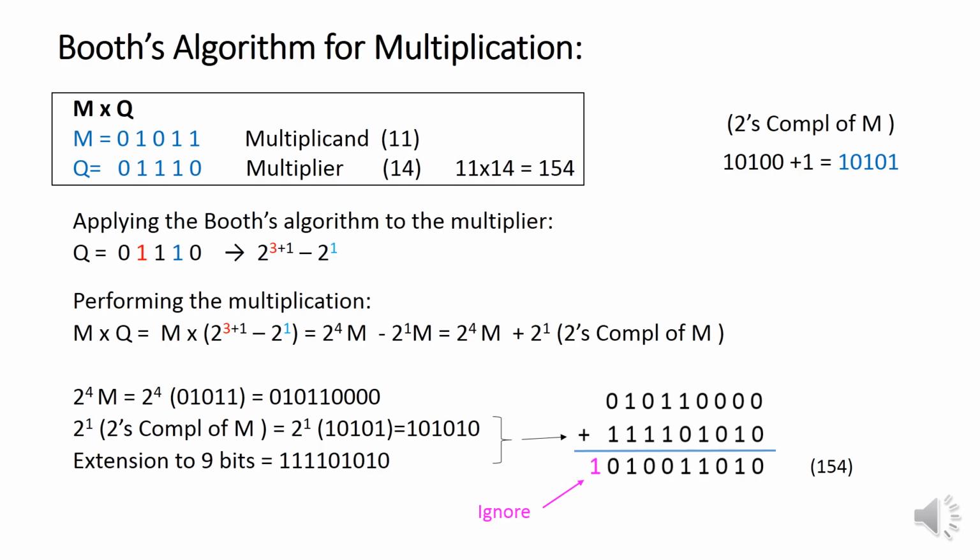Remember also that with the sign extension, the value of the number remains the same. And now, making the sum, we have this result. The sum is correct because you can verify by yourself that this number in decimal is 154, so it is correct.